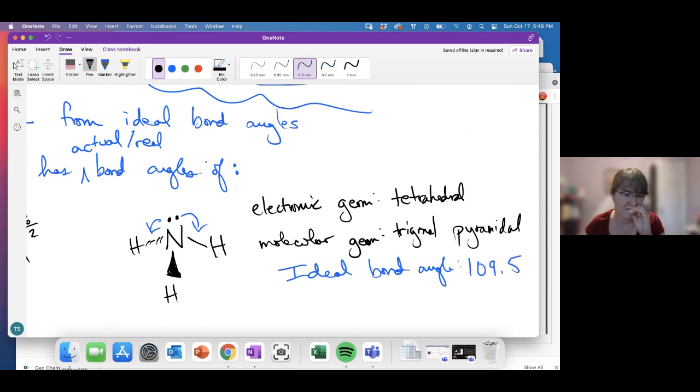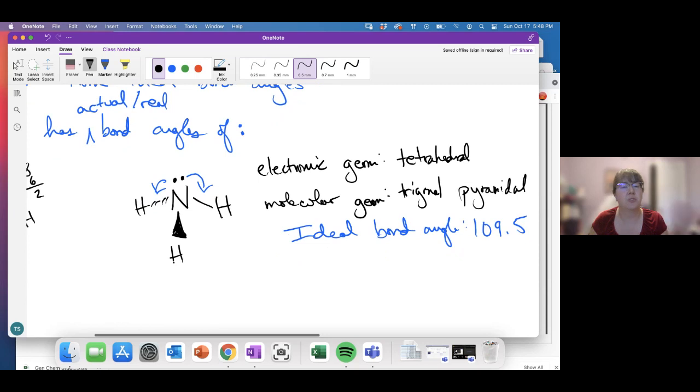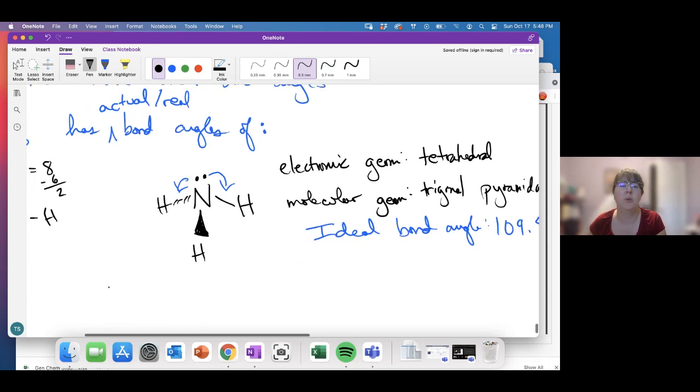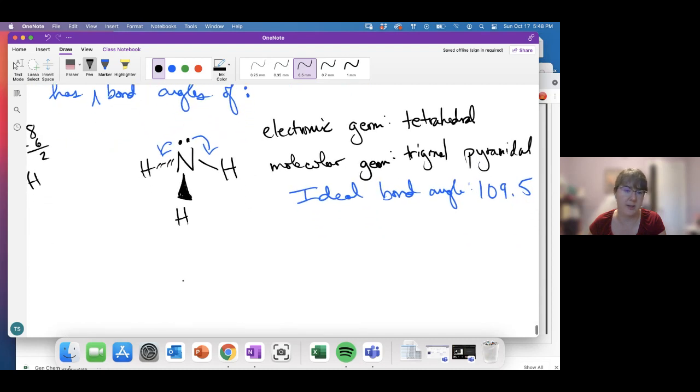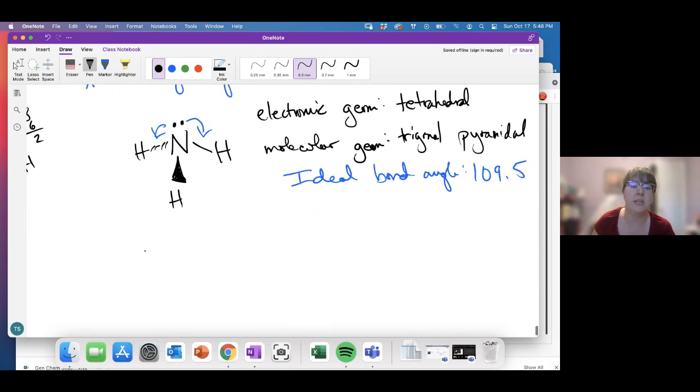The question asks for the actual or the real ones. There's a couple different ways to do this. For my actual bond angles, we could say less than 109.5, greater than 109.5, or 109.5 exactly.